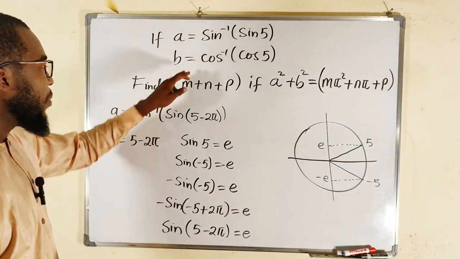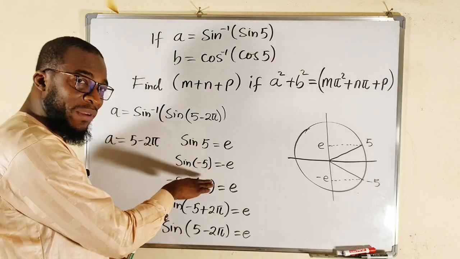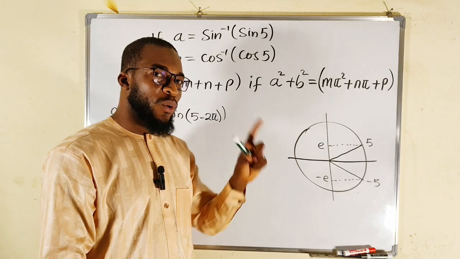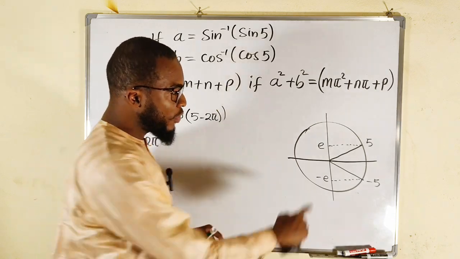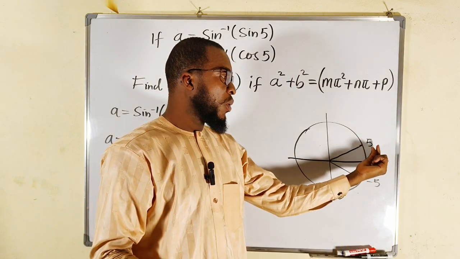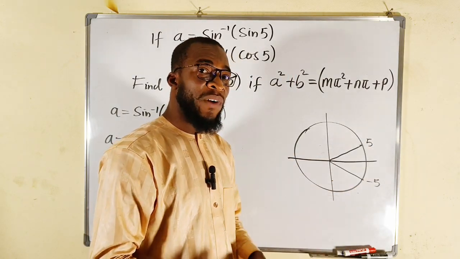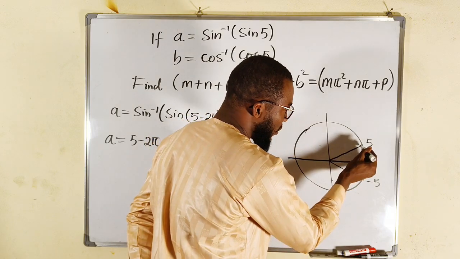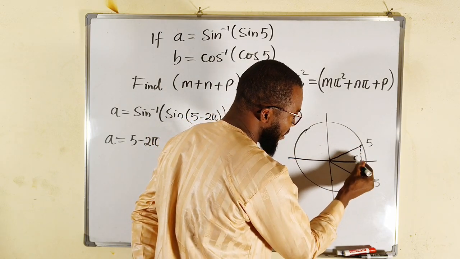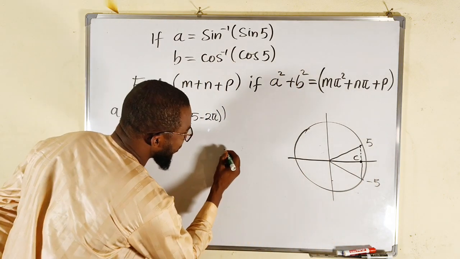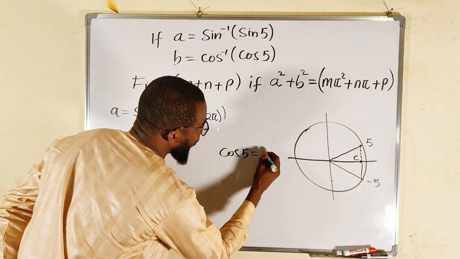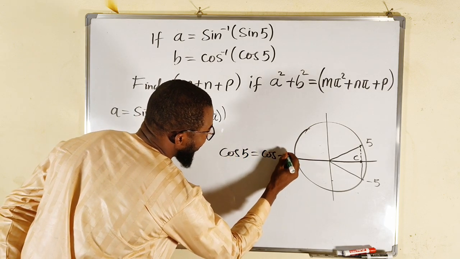Now let's go back to B. I'll wipe everything here. Now you should remember that cosine depends on what? X coordinate. So we are going to change this coordinate. This time around, both cosine 5 and cosine of -5 will be the same, because they all depend on the same coordinate, which is this one. So if this point is C, let me call it C, it means that cosine of 5 is also equal to cosine of -5.